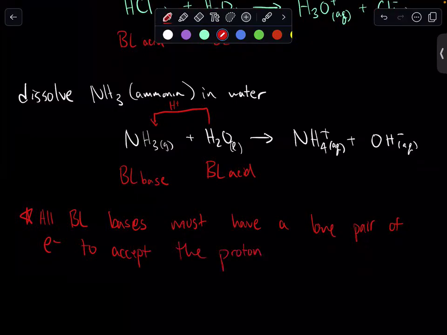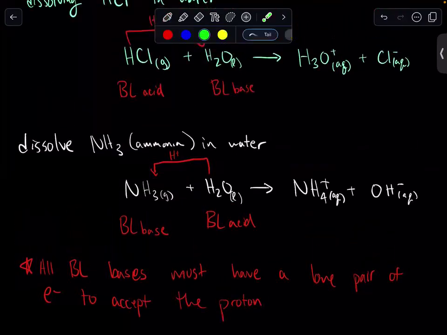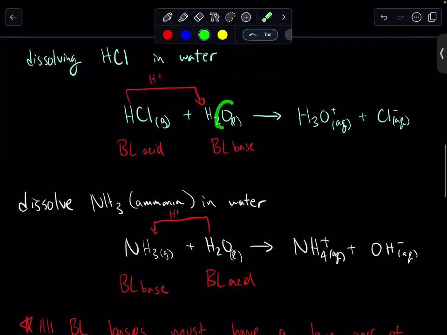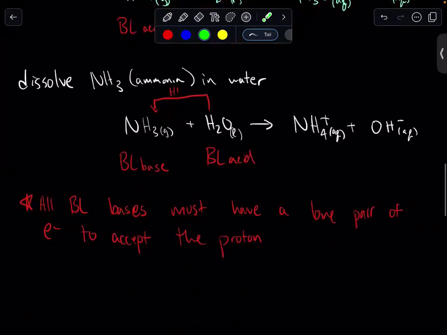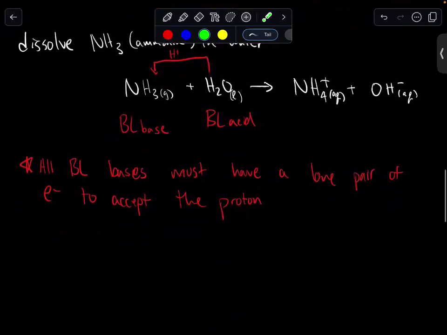So what you'll notice is that in our first example, the oxygen has two lone pairs that the hydrogen will append to. And in our second example, nitrogen within ammonia has one lone pair that then gets the hydrogen appended to it. So we must have that lone pair to accept the hydrogen. It is where the hydrogen will form that bond.